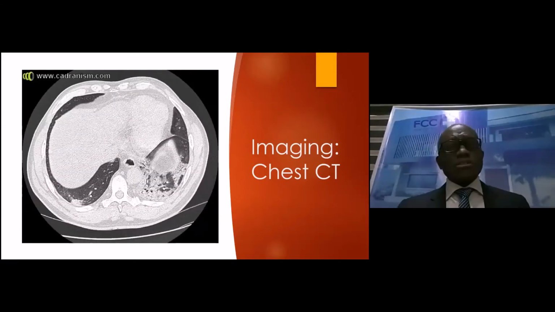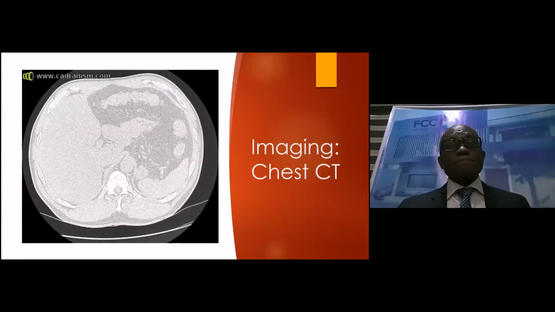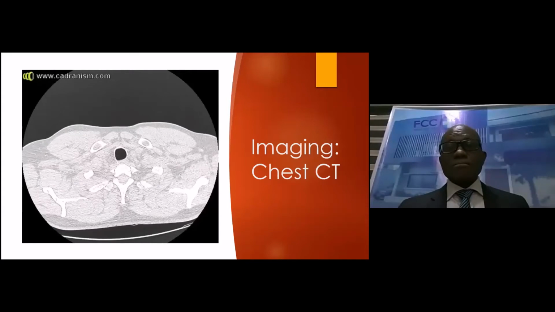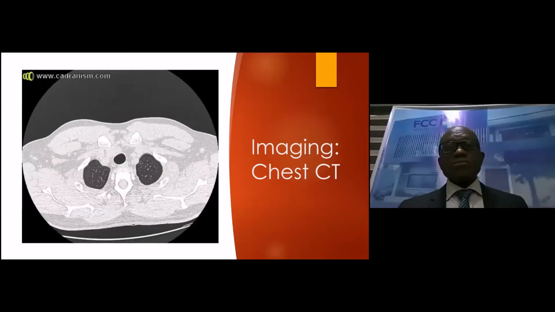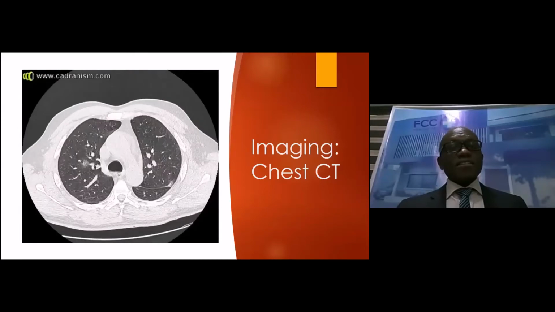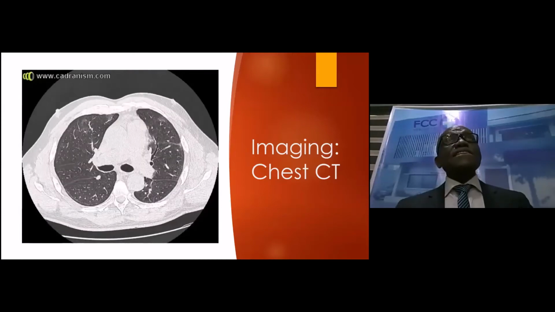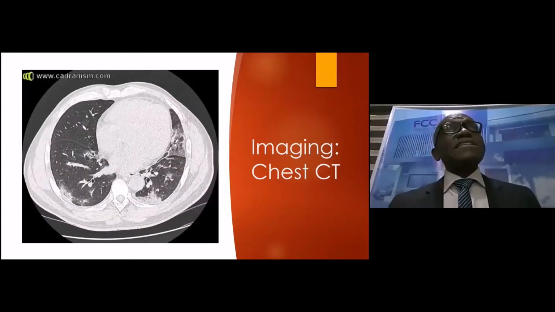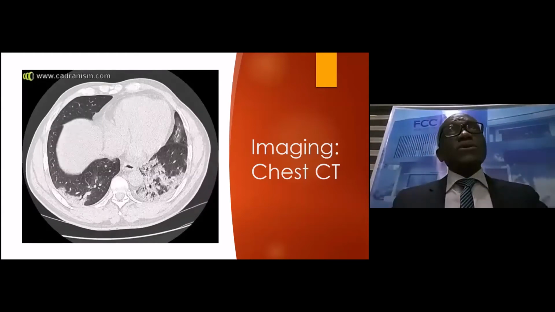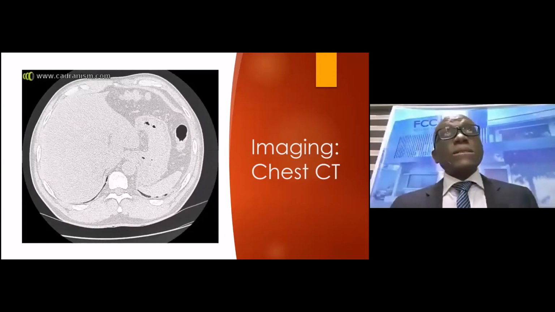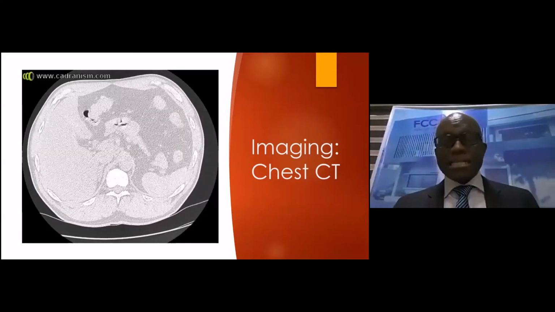So if I let that play again, you would see in the periphery a lot of the small round opacities, and then the lower zones are really damaged. And although he says he was mildly breathless, you could see a lot of extensive damage had happened before he reached us.